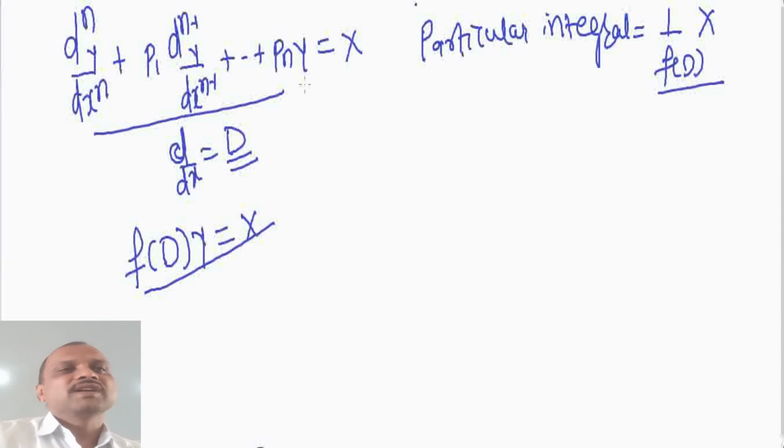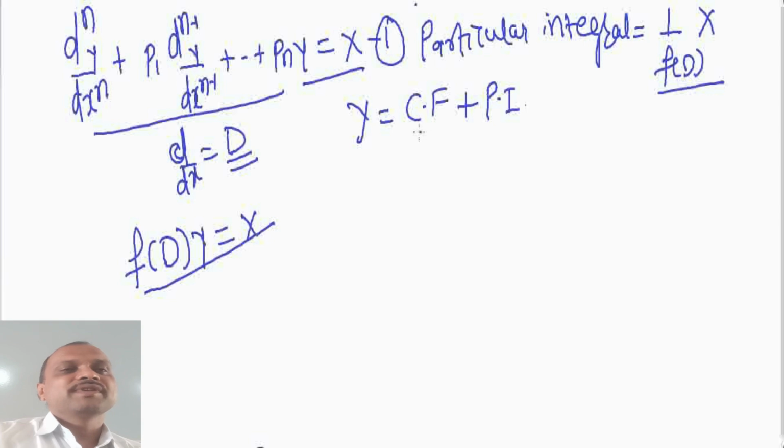The solution of this equation has two parts. Suppose this is equation number 1. When we need to find the solution of this differential equation 1, its solution contains two parts. One part is a complementary function and another part is a particular integral.